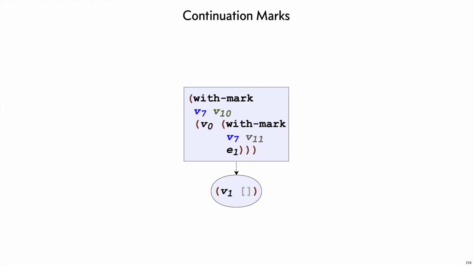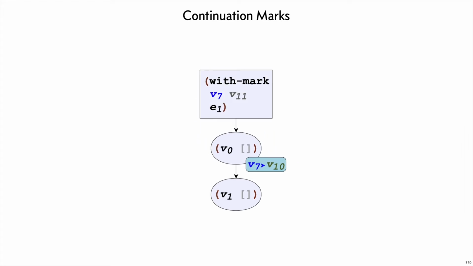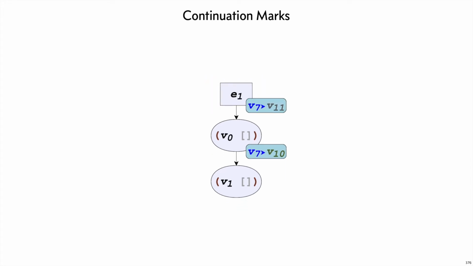If we have withMark inside of withMark but not in tail position, so first we map v7 to v10, but now we have an application form, v0 applied to an argument, we have to start evaluating that argument in a new continuation frame. Now withMark v7 v11 gets added to the new continuation frame. It does not overwrite the other one, and if we reflect on this full continuation, we can see a history of values for v7.